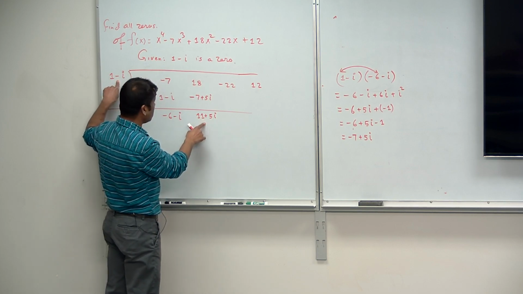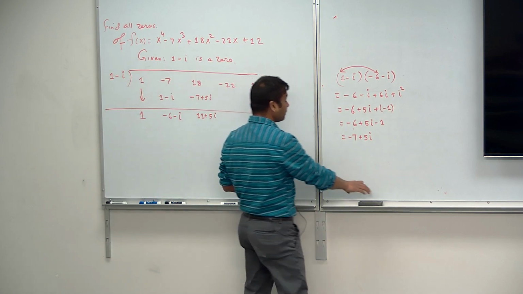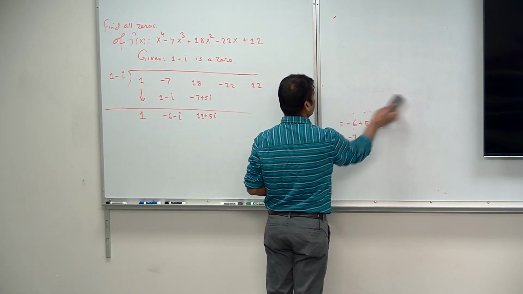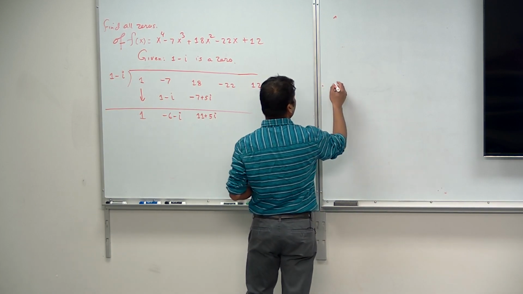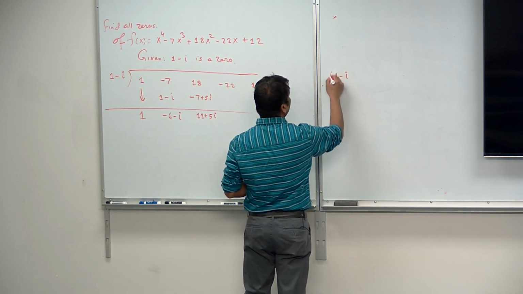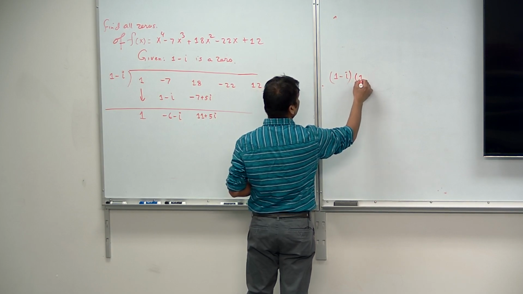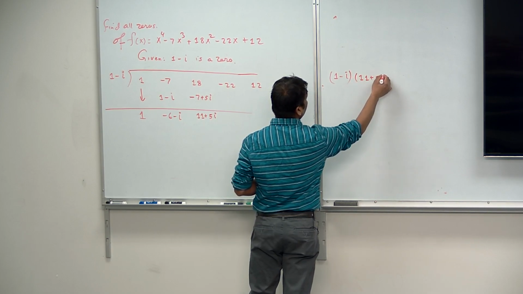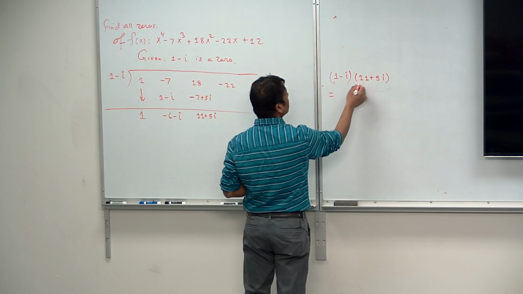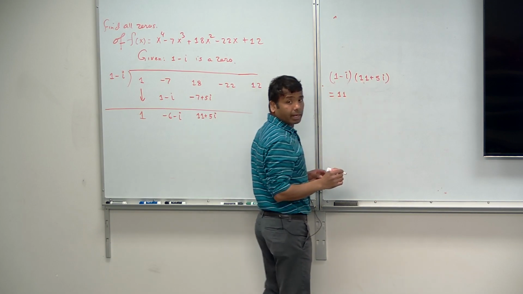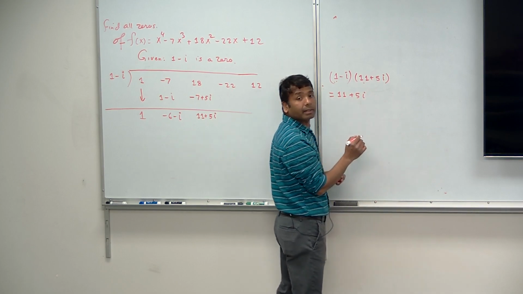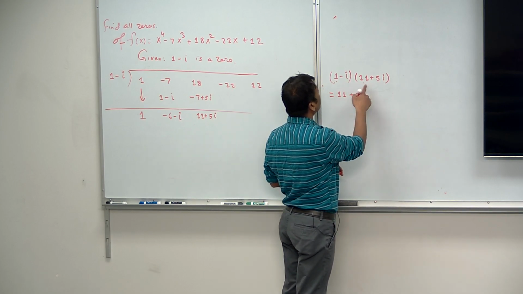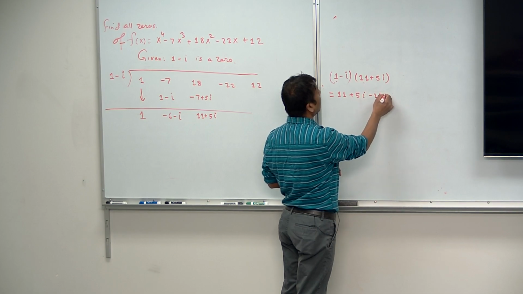You multiply these two. Okay? So 1 minus i times 11 plus 5i. So 1 times 11 is 11, right? 1 times 5i is 5i. Is that right? Negative i times 11 is negative 11i.